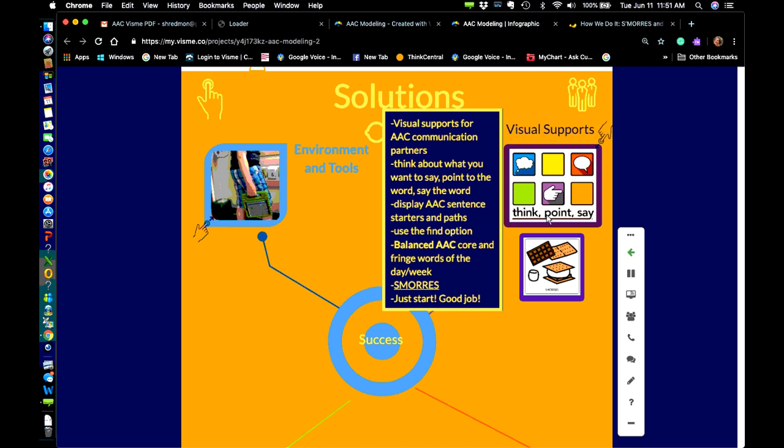But it's really looking at this idea of bringing an AAC visual support for the communication partner, taking think, point, say, and putting it in and giving a background to it and giving more teeth to it.